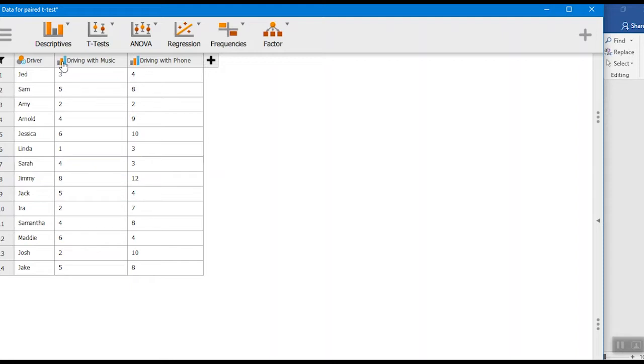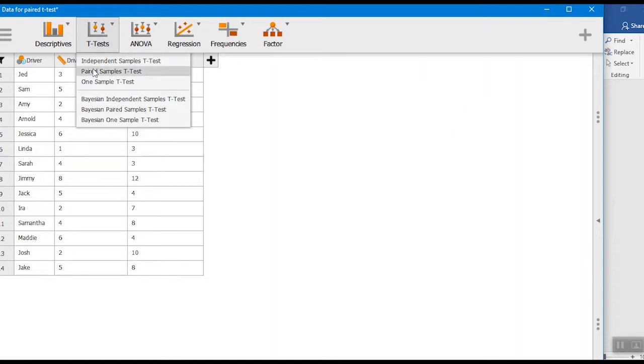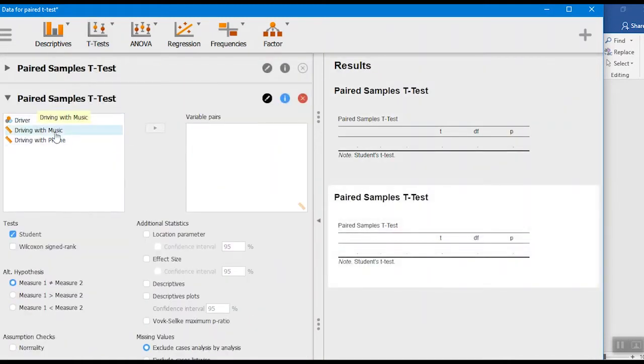So I click on that little tab right there, and I change it to scale, and I do it for this one as well. Okay, so now I go back to my paired samples t-test. I combine these two together, and I put them over. Those are my paired variables.